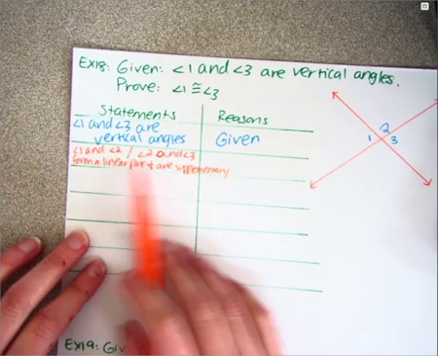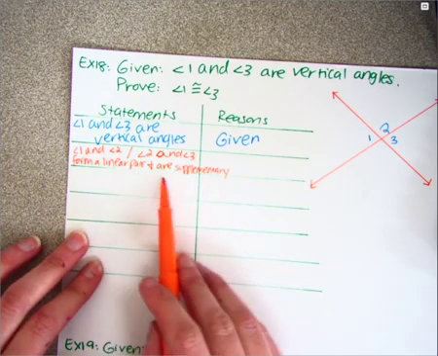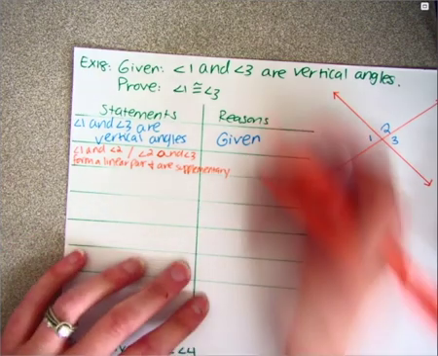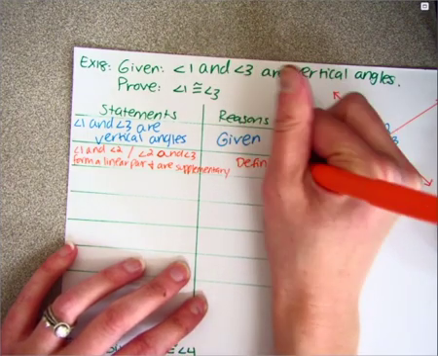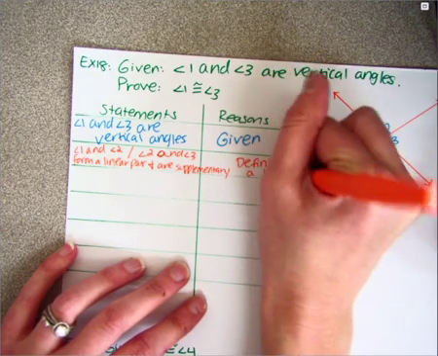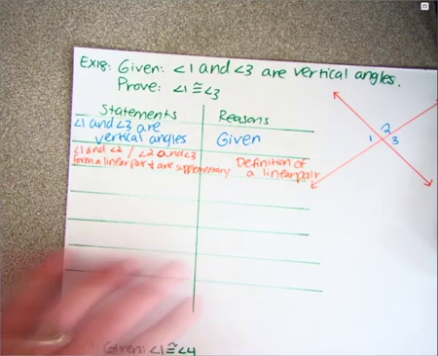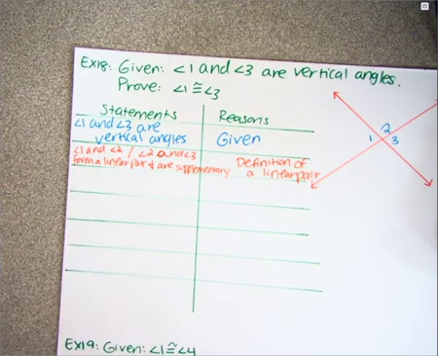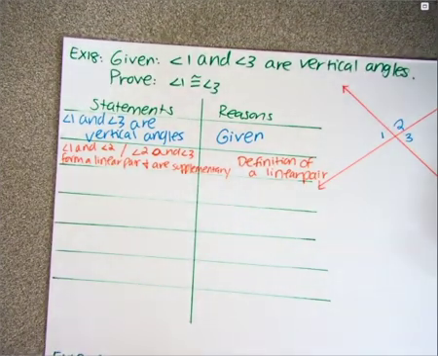Okay, so angle 1 and 2, as well as angle 2 and 3, form a linear pair and are supplementary. And the reason why I know that is by the definition of a linear pair. I'm going to refocus because it looks like things are out of wack. I shouldn't have zoomed in. Sorry, guys. All right, that looks a little better.